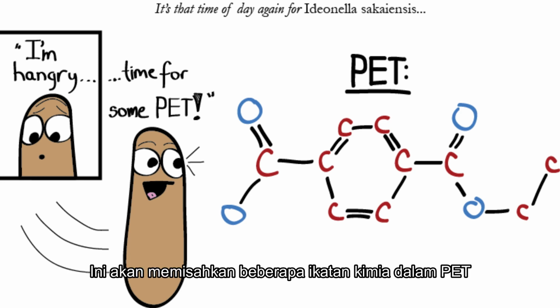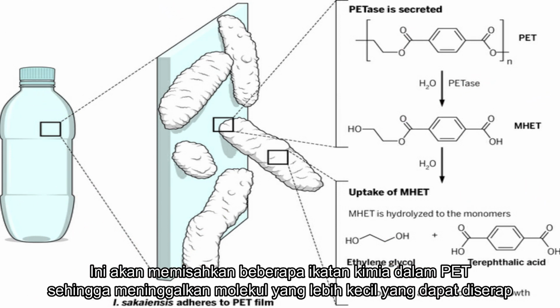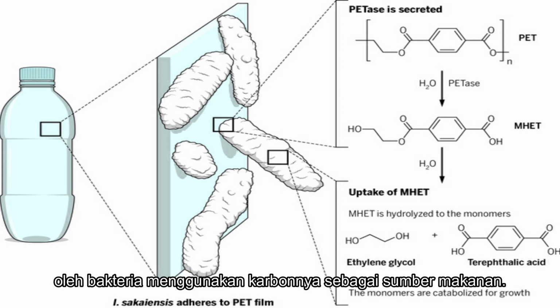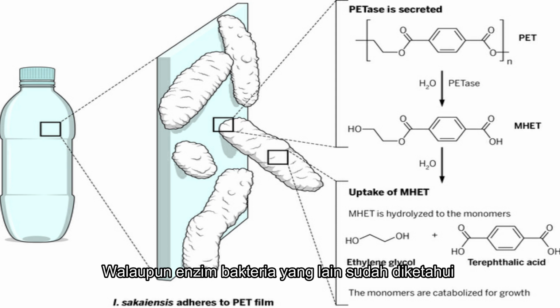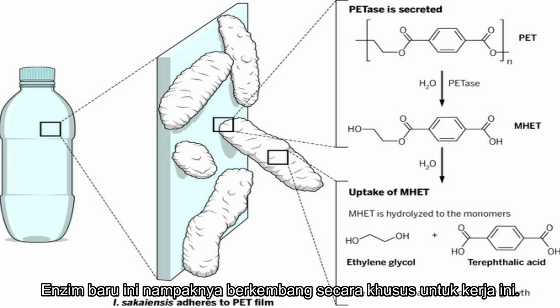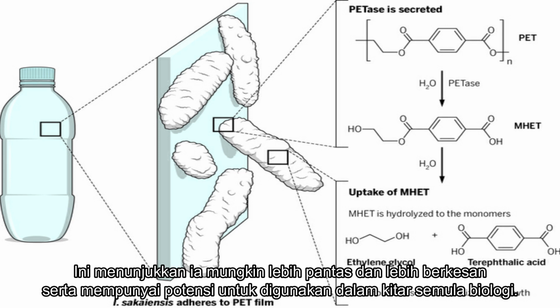This splits certain chemical bonds in PET, leaving smaller molecules that the bacteria can absorb, using the carbon in them as a food source. Although other bacterial enzymes were already known to slowly digest PET, the new enzyme had apparently evolved specifically for this job. This suggests it might be faster and more efficient, and so have the potential for use in biorecycling.